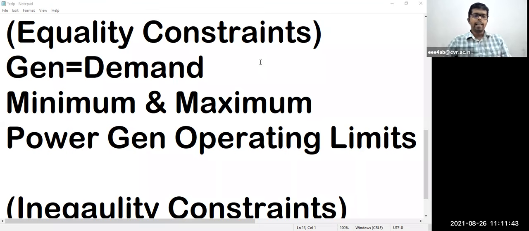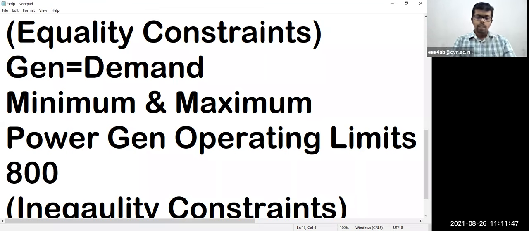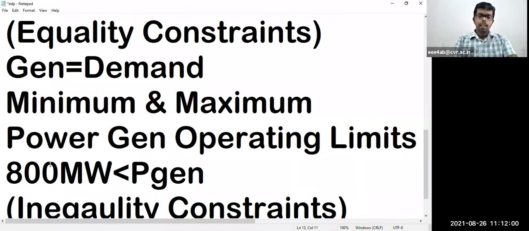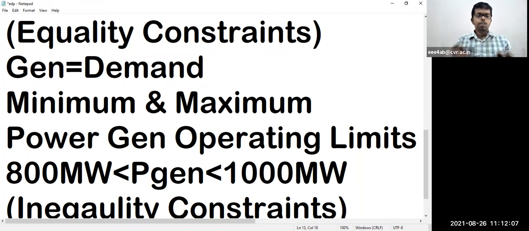That is the inequality concept. Say for example, power generation should not go below 800 megawatt, and it should not cross 1000 megawatt. It should be within 800 to 1000.